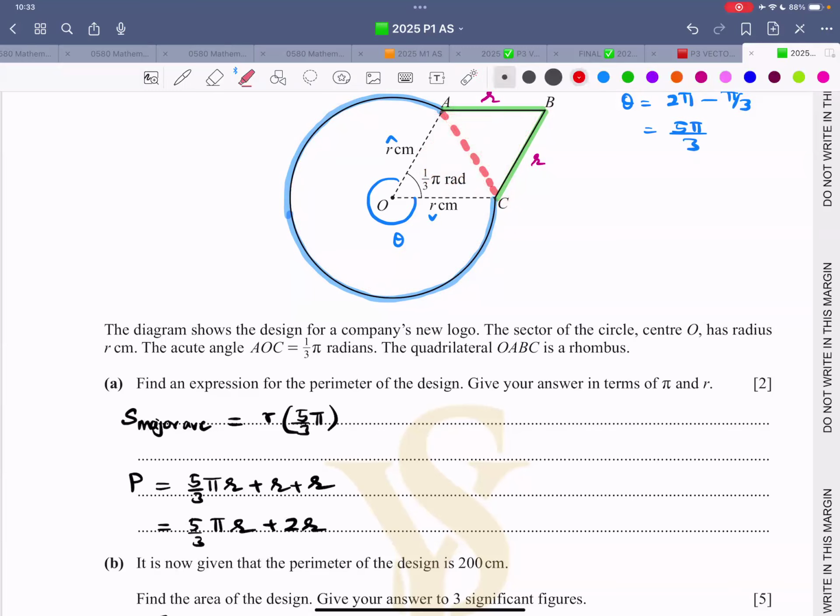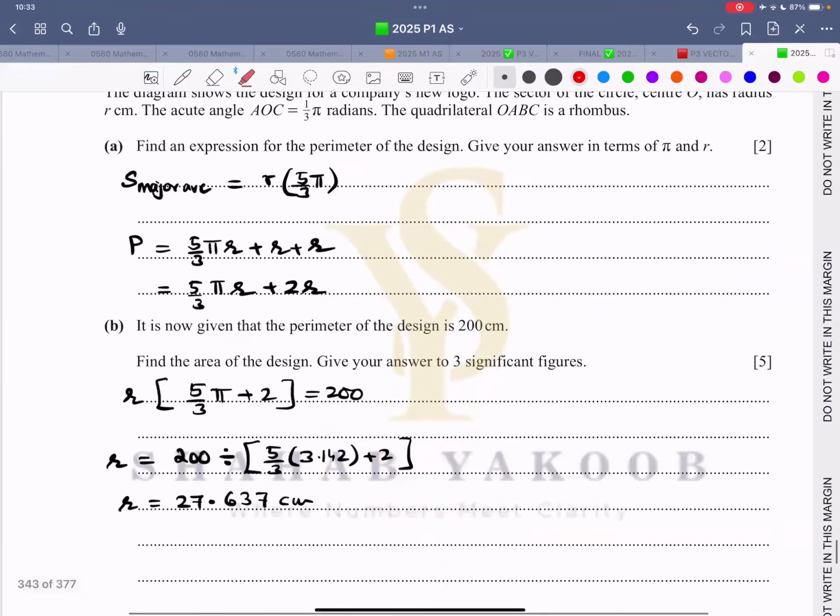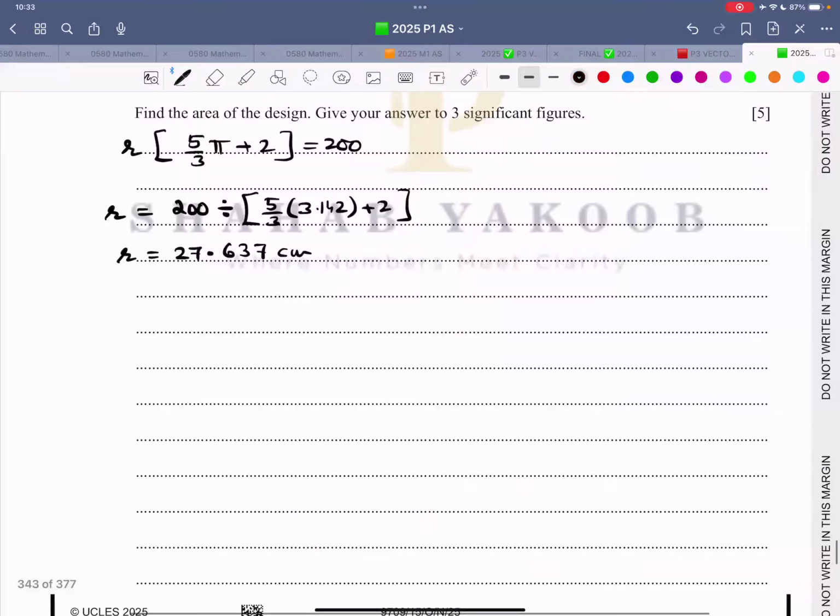Or just take this triangle, which is the same thing as this plus the major sector. The very first thing I want to do is work in terms of r and this angle, and then insert the value of r at the very end. That is very necessary.